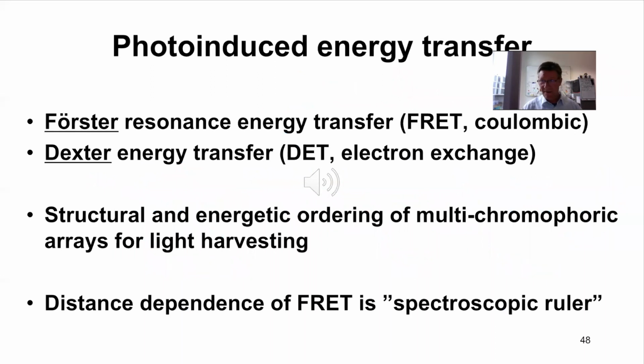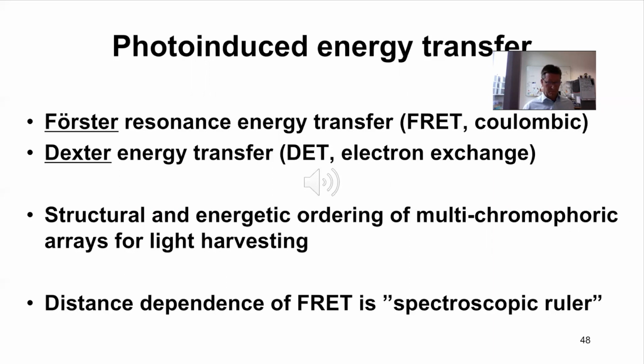We have seen that there are two theoretical frameworks that we can apply to energy transfer: the Coulomb-based Förster mechanism and the one of Dexter, applying double electron transfer. If we can attain structural and energetic alignment in photostable materials, we can use the energy transfer process.